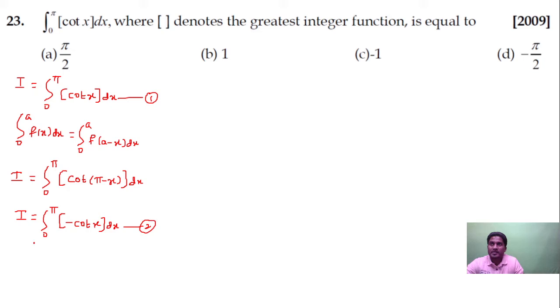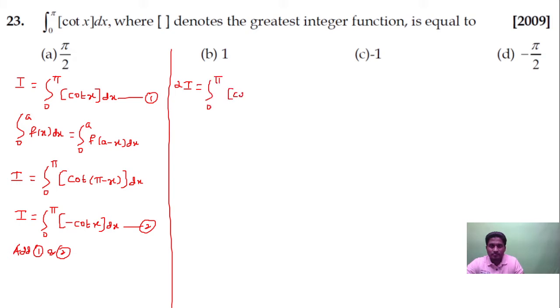If I add equations 1 and 2, I plus I will be equal to 2I. So I get 2I is equal to integration 0 to pi of box of cot x plus box of minus cot x dx.